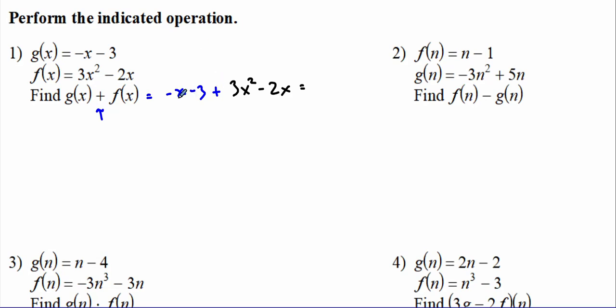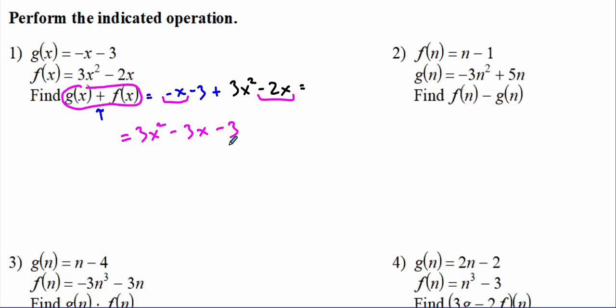Clearly this combines with this, and the rest does not combine. So I'm going to list this out in standard form, with the highest exponent listed first, 3x squared. Now when you combine negative x and negative 2x, it's minus 3x, and then what's left is just minus 3.